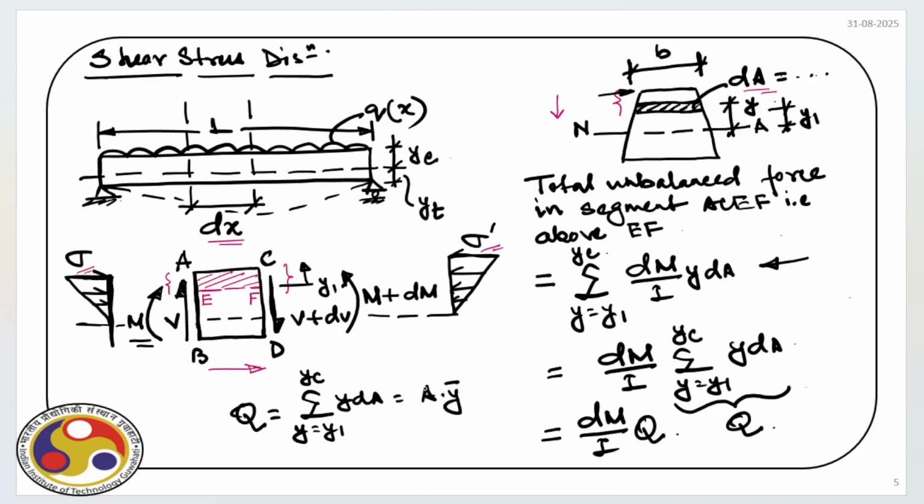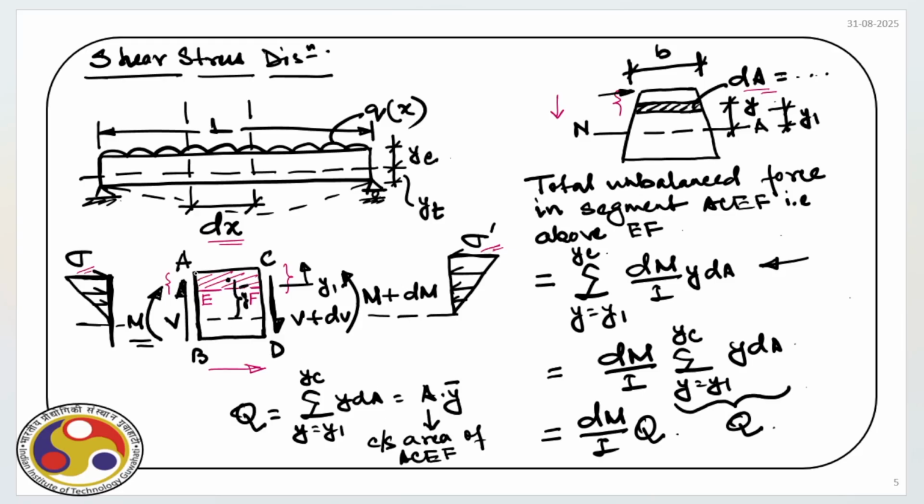This is the cross-sectional area of ACEF. So we can find out the area of this section, which is somewhere in between, and this is y bar.